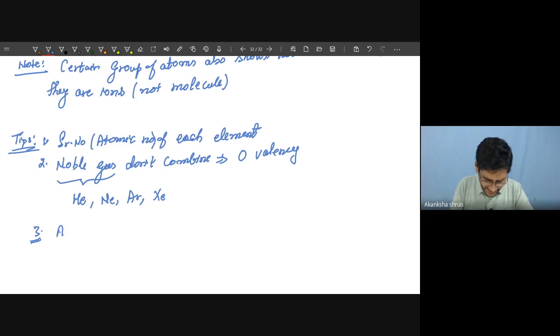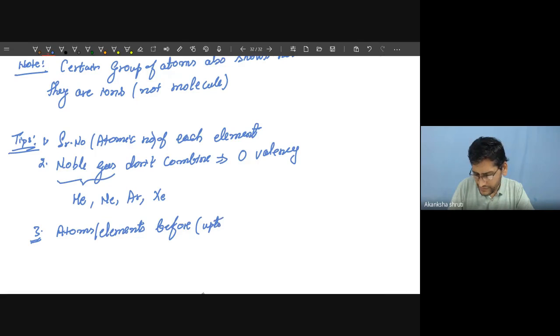So atoms, or if you have doubt, you may write in bracket, elements rather. Before, how many elements shall we take? Up to 3 elements only.